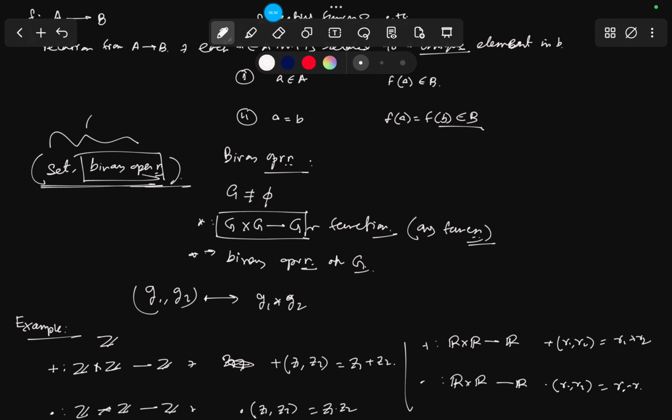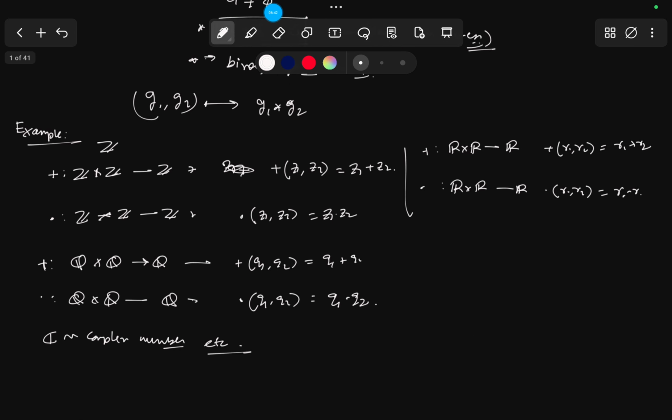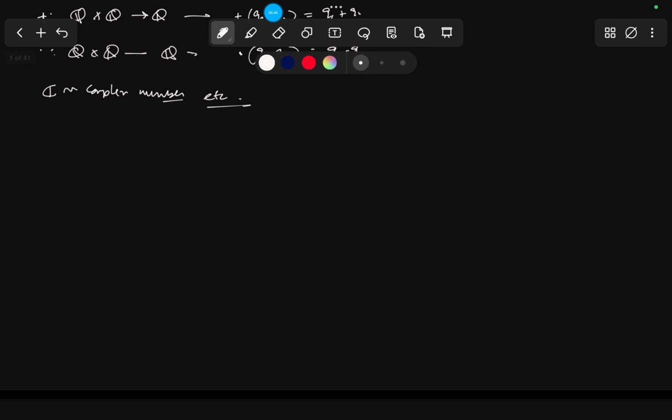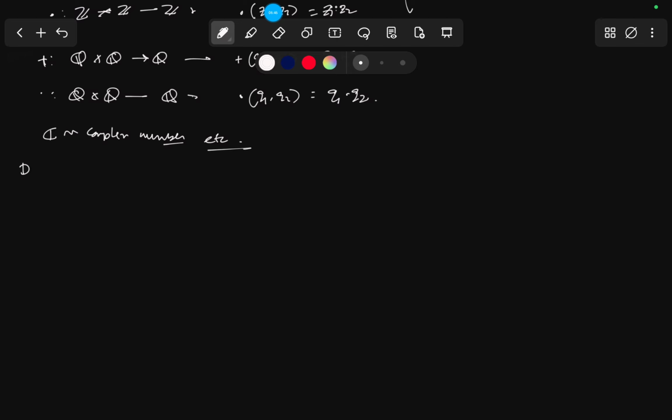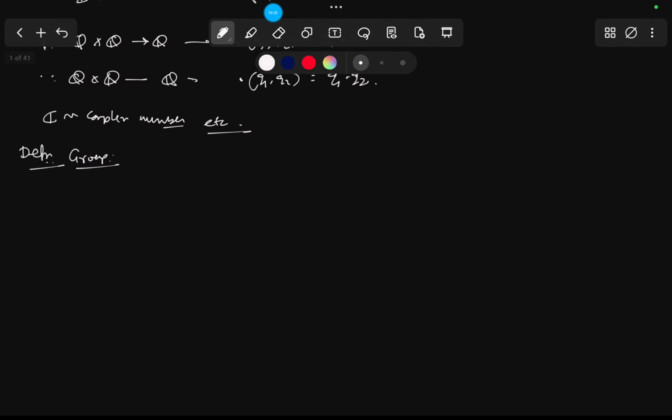This is basically a group structure, but it should satisfy some properties. So let us define a group very formally. Let's say G is a non-empty set and star is a binary operation from G cross G to G.